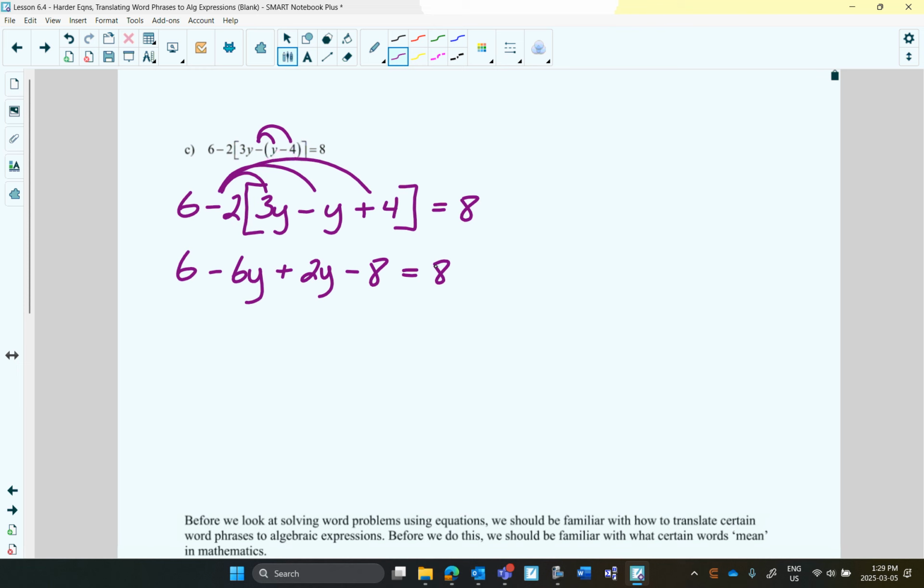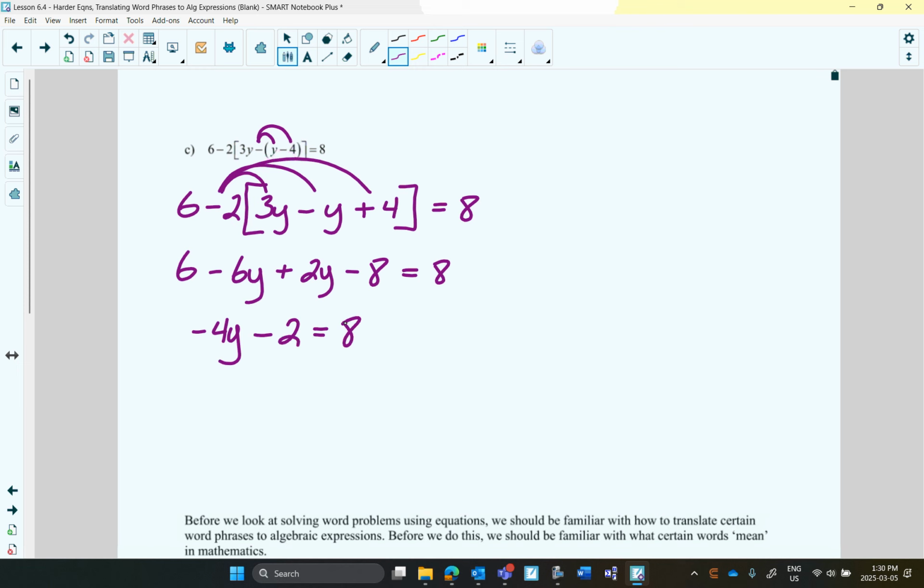Don't start solving yet because I can still keep simplifying the left. What's -6y plus 2y? Careful. -4y. 6 subtract 8. -2, thank you.